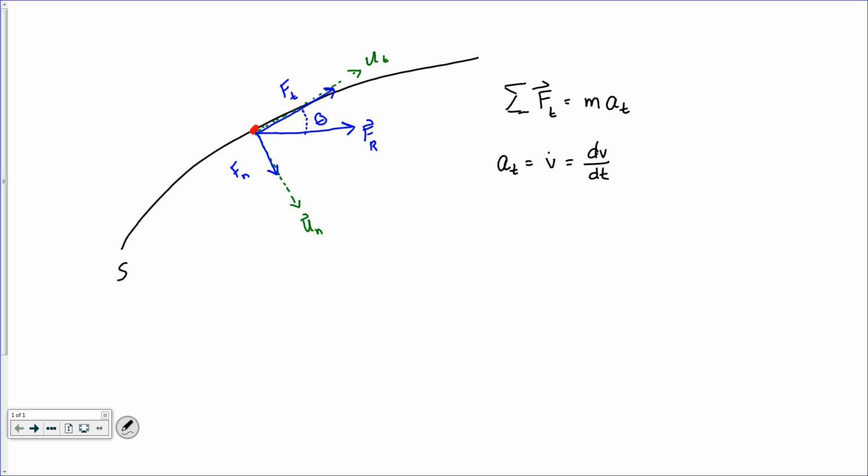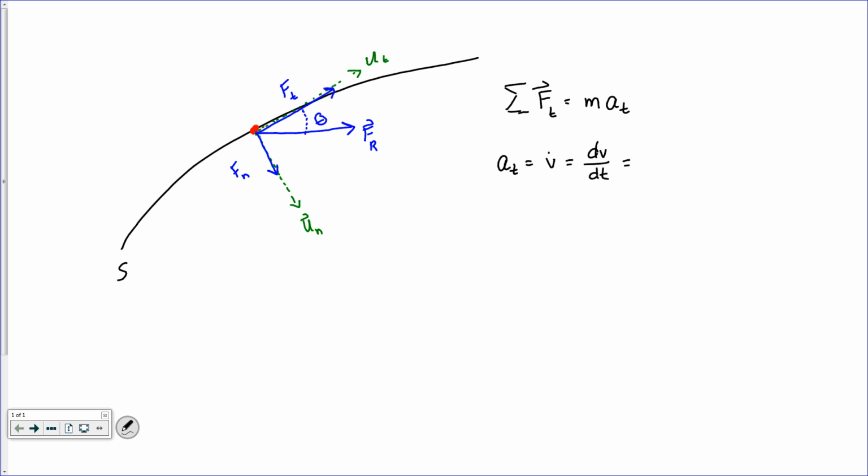How much is the particle speeding up or slowing down? It simply has to do with the change in the magnitude of the velocity, the change in the speed over time. The tangential component of acceleration only has to do with the speed component, the magnitude component.